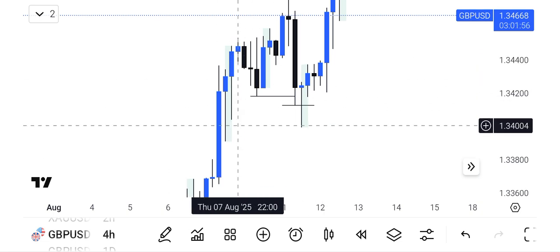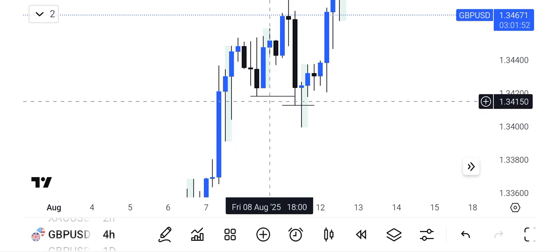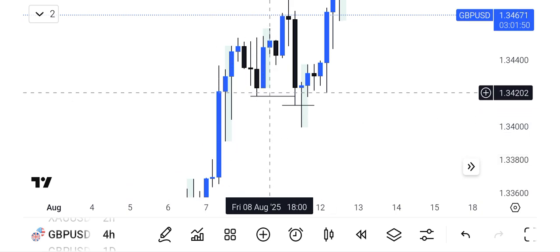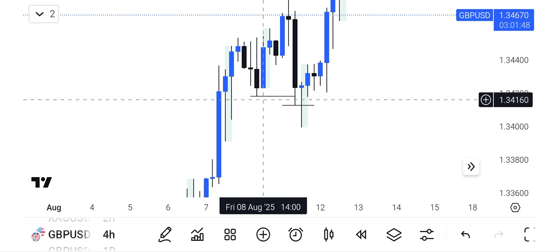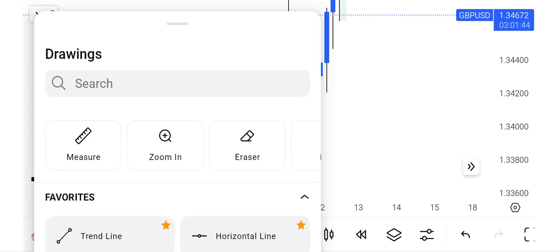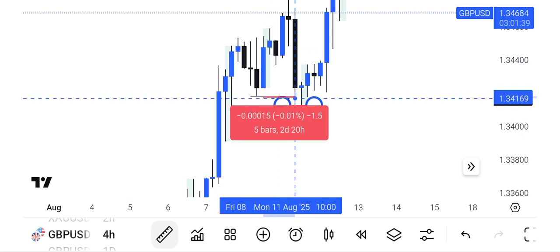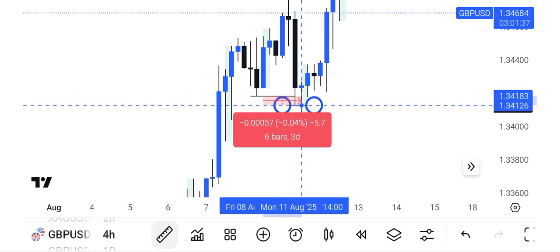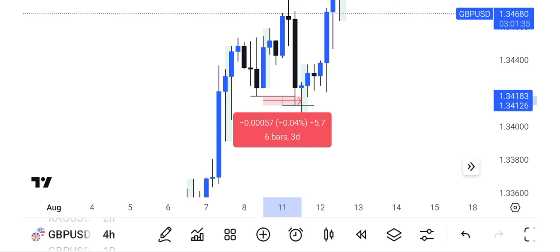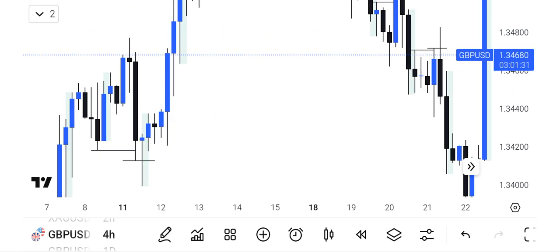According to structure, this move could hold because we have a bullish impulse. Now we'll look at this first move. I said my trigger sweep and my low should not be more than 15 pips. If I measure this, I have just around 5.7. So it's not more than 15 pips. That is for this one.